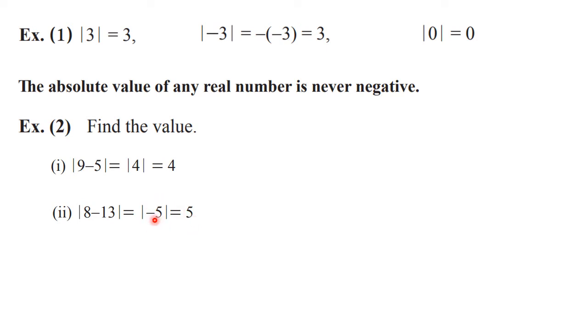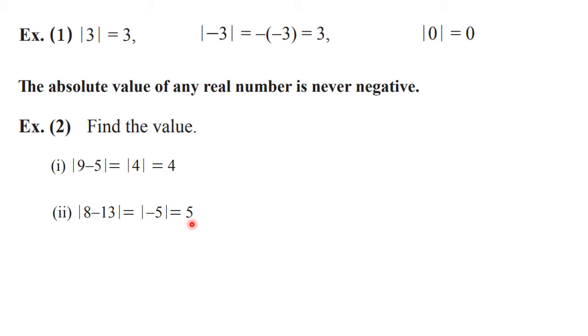Because modulus of minus 5 is what? Like here, minus of minus. So here also minus of minus 5 is going to be plus. But we are not writing that step. If you want, you can write one more step, that modulus of minus 5 is equal to minus of minus 5, that is plus 5. You can write directly also as it is shown in the textbook.